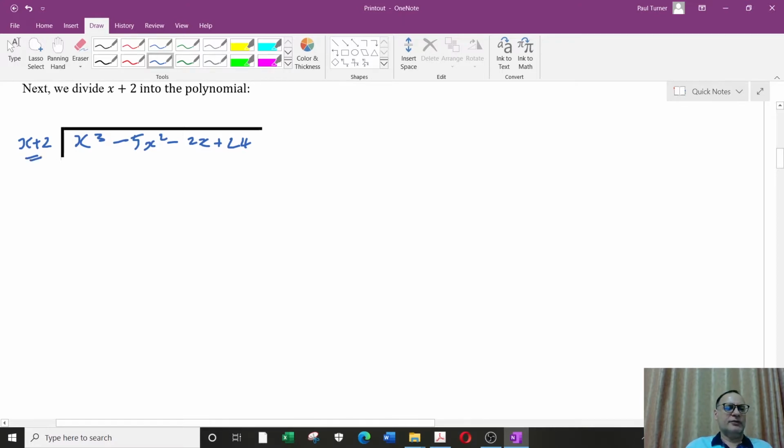This came from the factor theorem. So I could write that again. P(minus 2) equals 0. The remainder is 0. Therefore, x plus 2 is a factor. So we get our factor first. This is by guessing. Okay, we need to guess the factor. And then once we have our factor, we divide it to find the other factor.